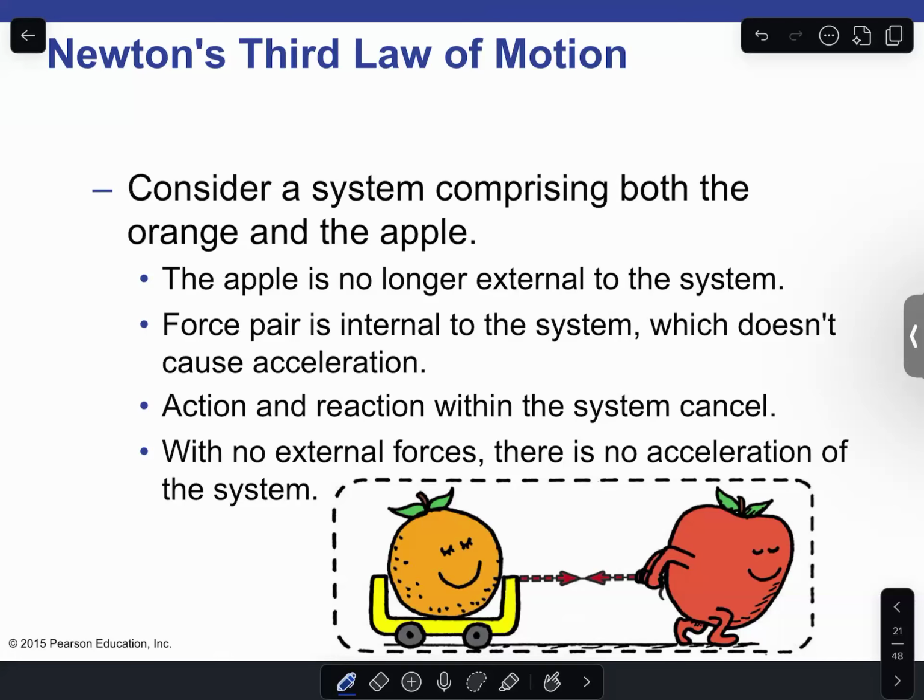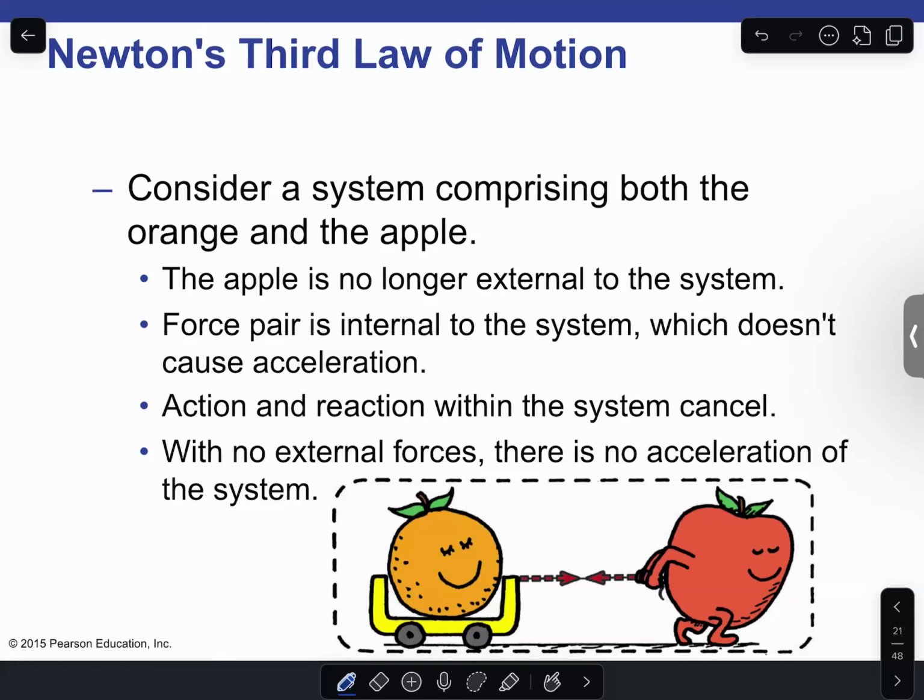So you're the apple, okay? That's impossible. You cannot pull a cart harder than it pulls back on you. Third law. You pull on the cart at all and it rolls. The ground pulls on you bigger than the rope pulls backwards, and you move.